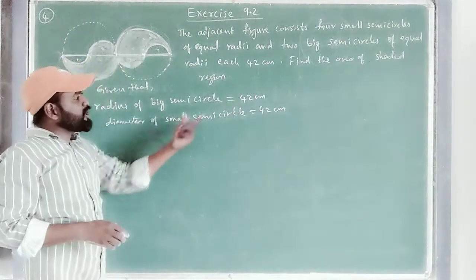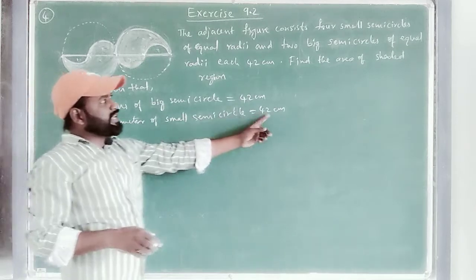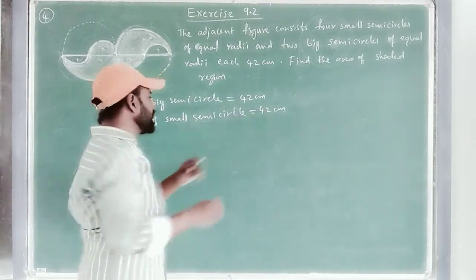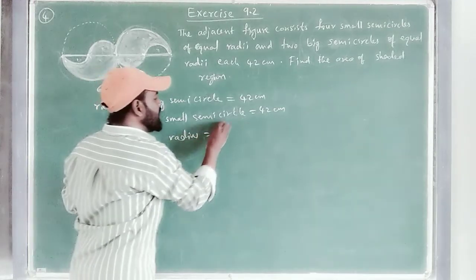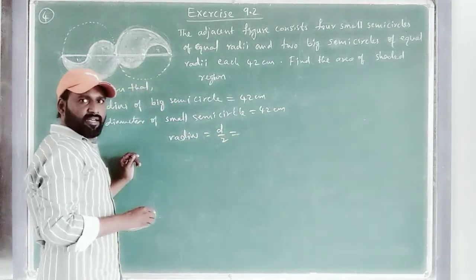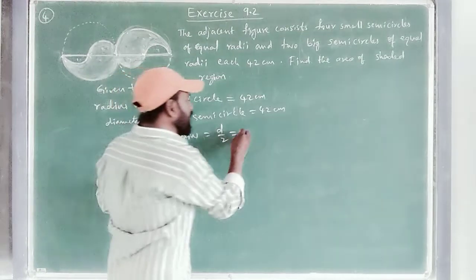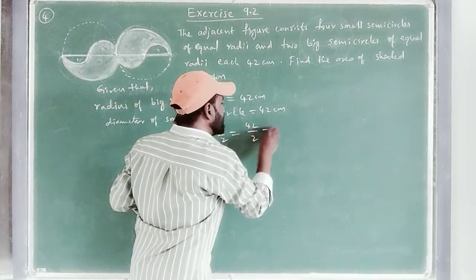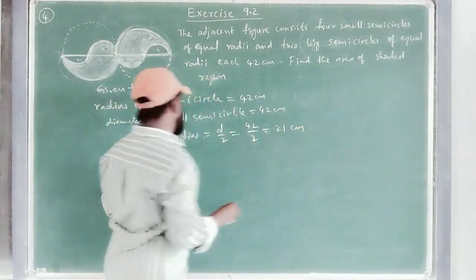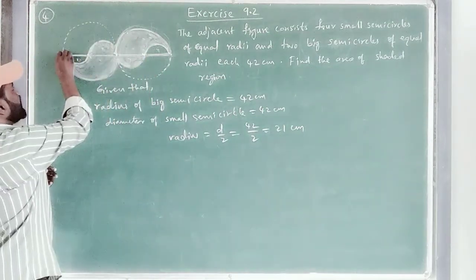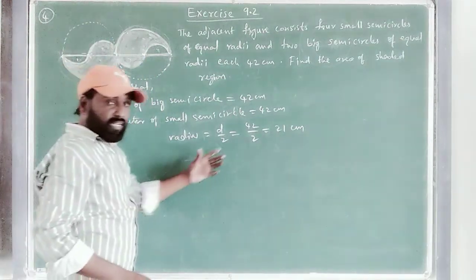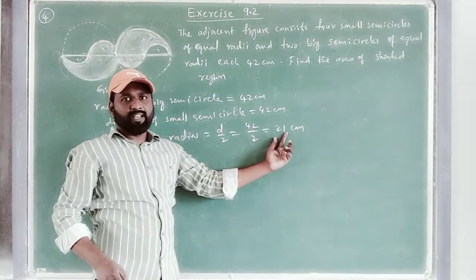Now what is the radius? The diameter is 42 centimeters. Now radius is equal to d by 2. Understand? d by 2. So d is 42, divided by 2, which is 21 centimeters radius. Now the radius of the full circle becomes 21 centimeters.